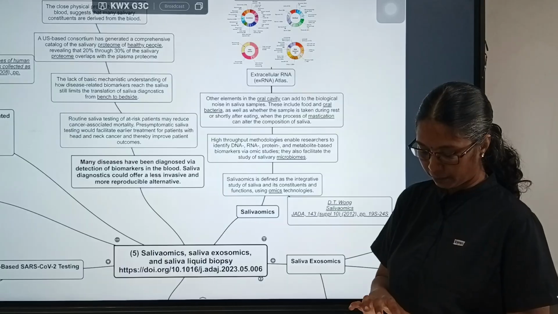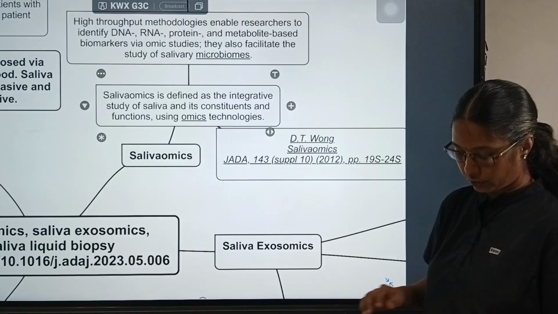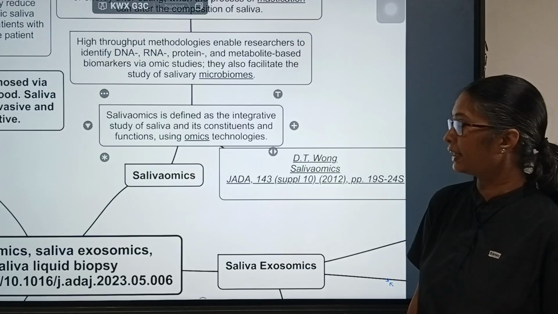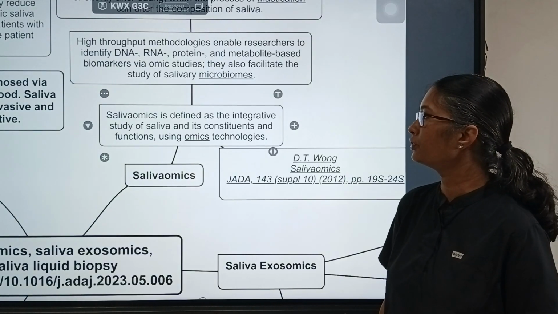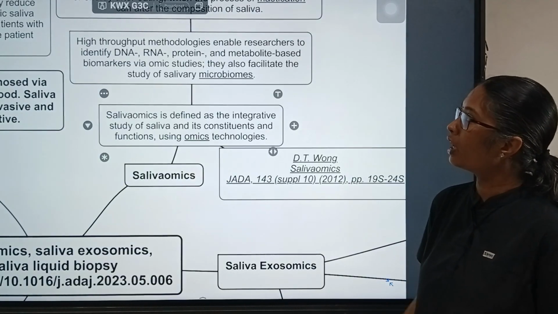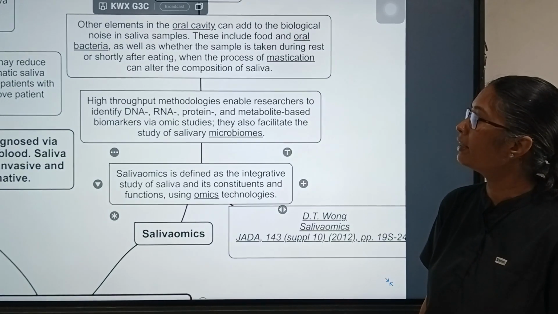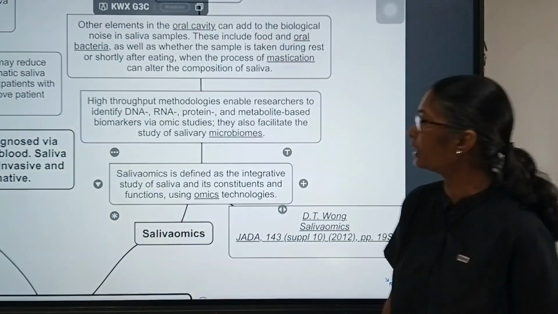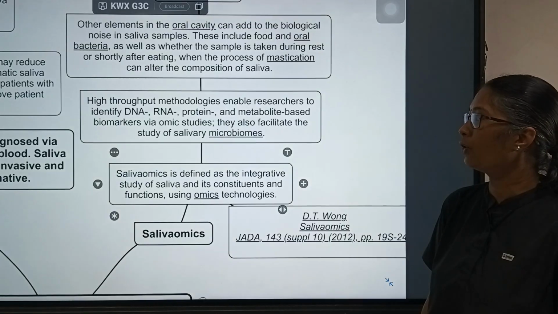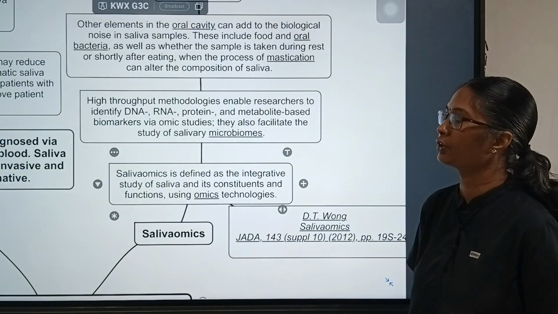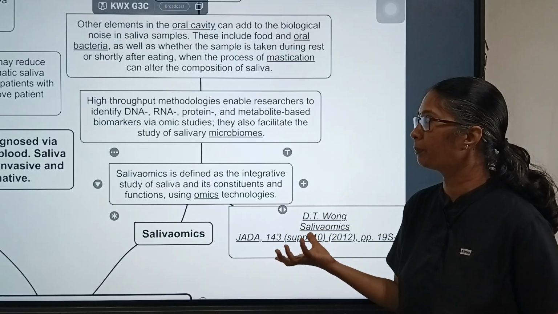So first we will see about Salivaomics. So Salivaomics is defined as the integrative study of saliva and its constituents and functions using omics technology. So high throughput methodologies enable researchers to identify DNA, RNA, protein and metabolite based biomarkers via omics studies, and they also facilitate the study of salivary microbiomes. So what is high throughput methodologies?